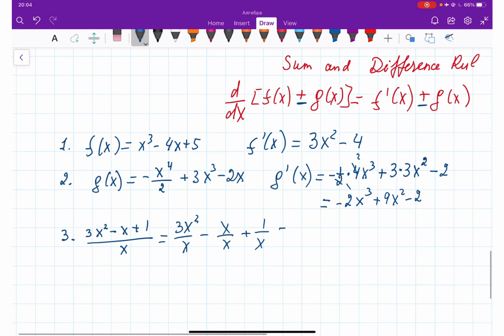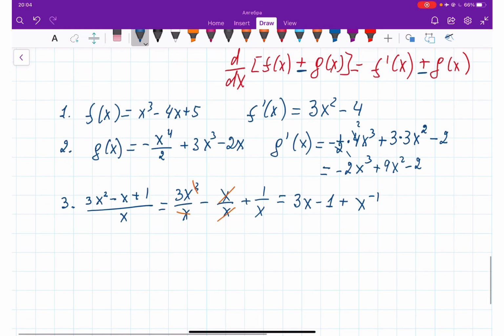And this is going to be equal. So x squared over x is going to be gone, I will have 3x only left. Here this x and x is gone, right? It's going to be only minus 1. Okay, so let me write down. We're going to have 3x minus 1 plus 1 over x. I'm going to write down x to power negative 1.